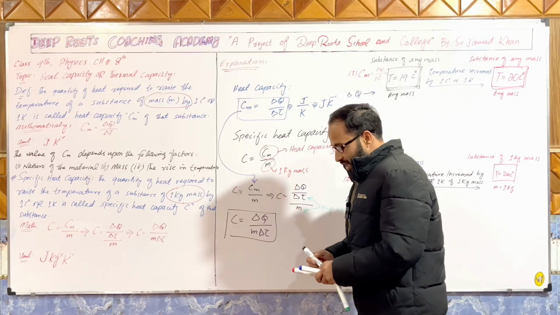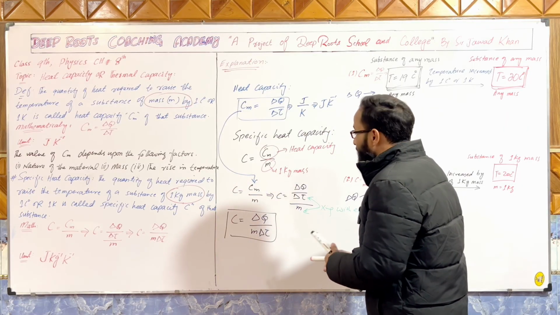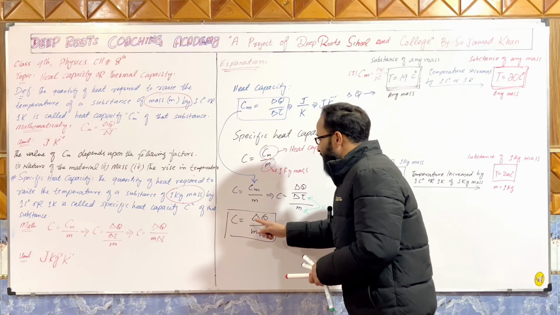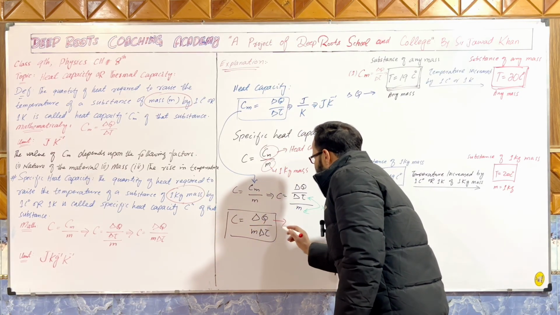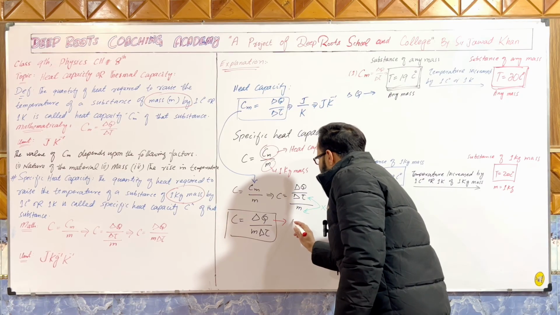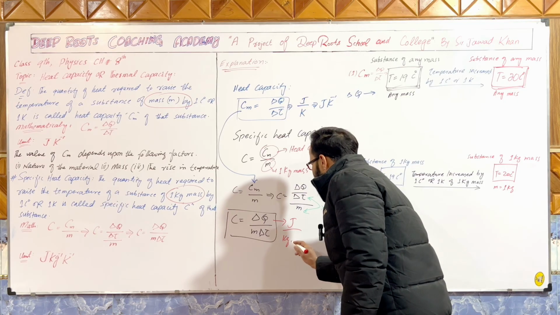And we can easily find out the unit of the specific heat capacity. The unit of heat is joule, the unit of mass is kg, and the unit of temperature is Kelvin.